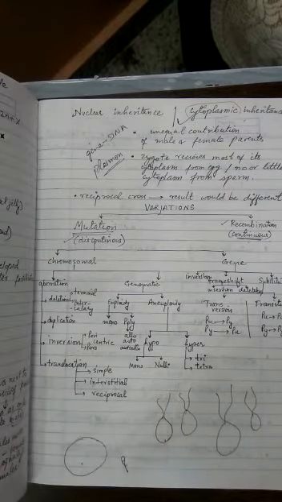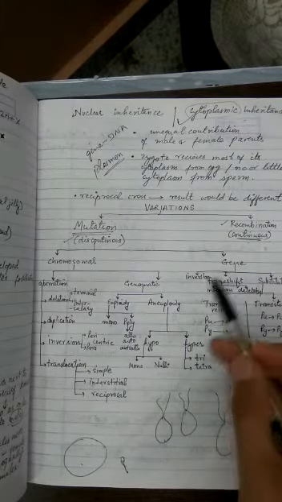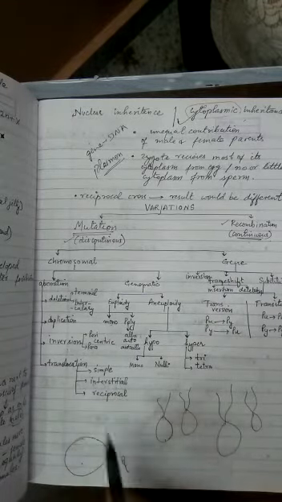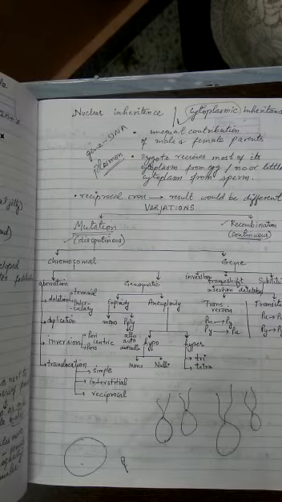It is even possible to have inversion. What is inversion? The whole sequence undergoes inversion, just like genes can undergo inversion, chromosomal portions can also undergo inversion. That inversion may involve the centromere or may not involve the centromere. So accordingly it is called pericentric and paracentric.